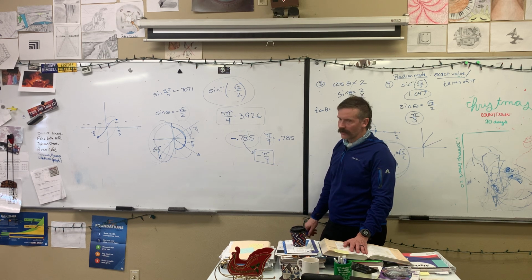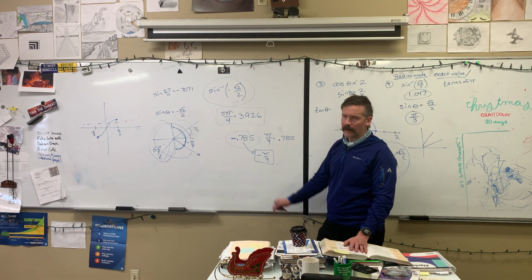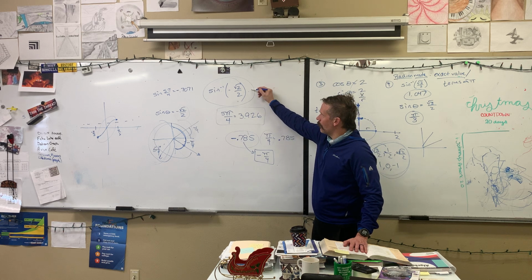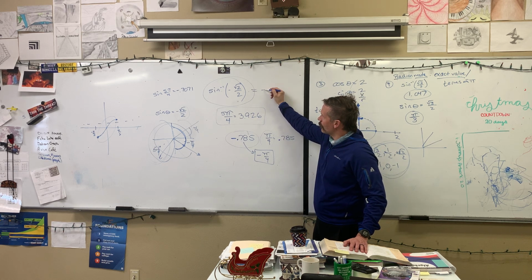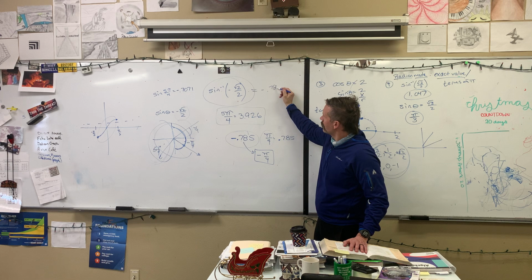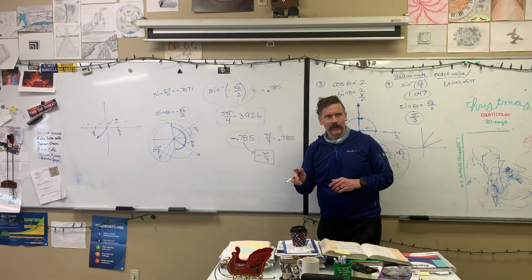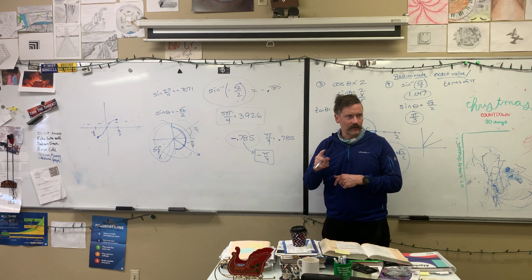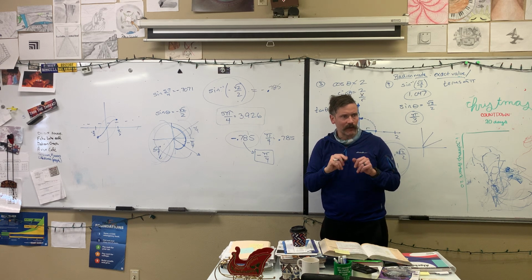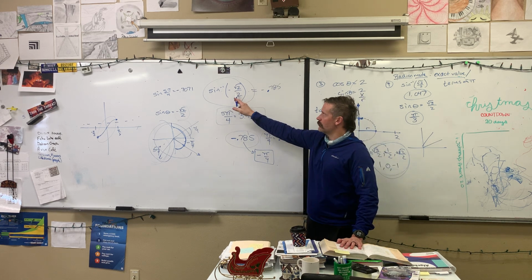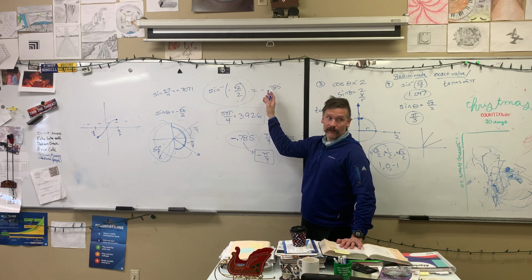If you do inverse sine of what? You're only getting out one answer. If you do this right here on your calculator, in radian mode, you're only going to get out this. You're mixing and matching, I believe, changing your angle measures and your quadrants. It just punches into your calculator and you're going to get this value. So you're not getting out two values. You're just getting out this.